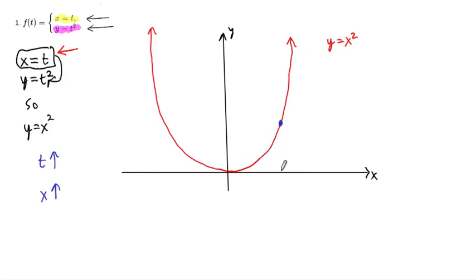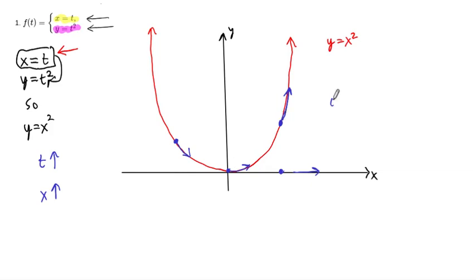So as t is increasing, x is increasing. That tells us that as t is increasing, our particle is going out the curve this way. And so we don't just get the parabola, we get an orientation to this curve as well. Our little particle is traversing this parabola from left to right as t increases.